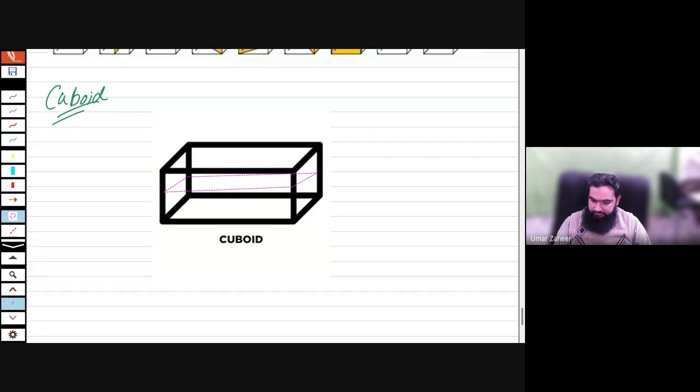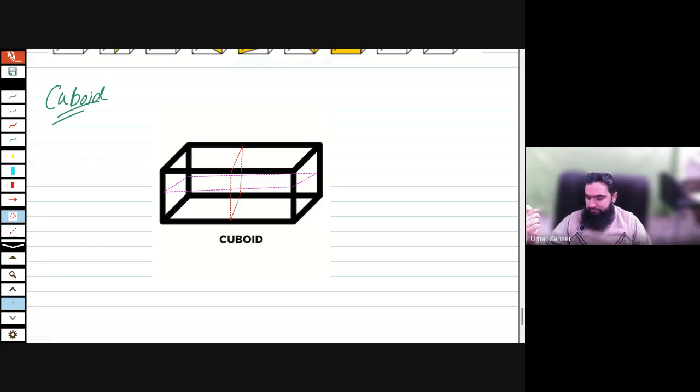It is clear because it is going to divide the cuboid into the upper half and the lower half. If I draw the plane of symmetry here, it is going to divide the cuboid into the left half and the right half.